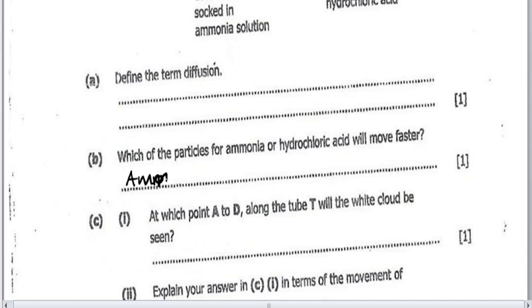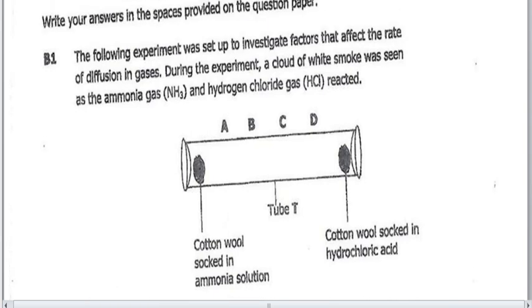The ammonia gas particles are the ones which are going to move faster. At which point A to D along the tube T will the white cloud be seen? Let me read the question again. The experiment was set up to investigate factors that affect the rate of diffusion in gases.